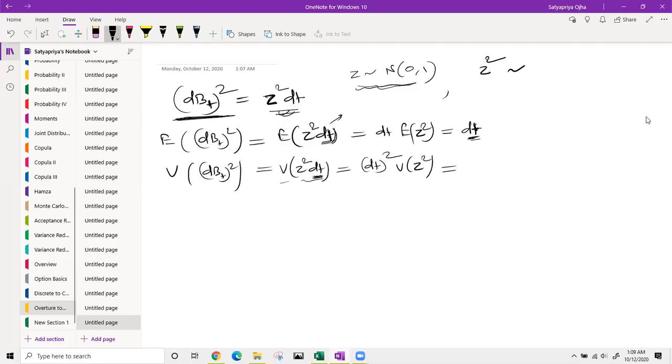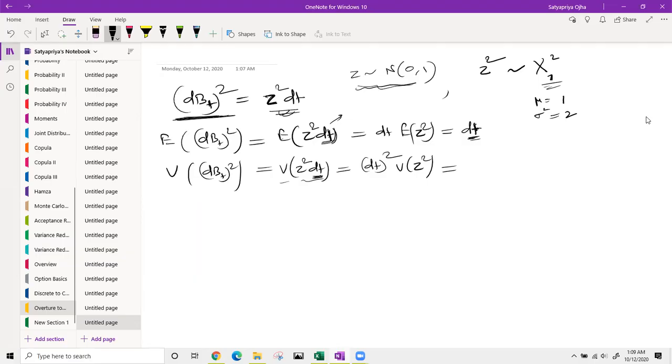Chi square with degree of freedom 1, correct? And the chi square distribution with degree of freedom 1 has a mean of 1 and variance of 2. This is the property of chi square.